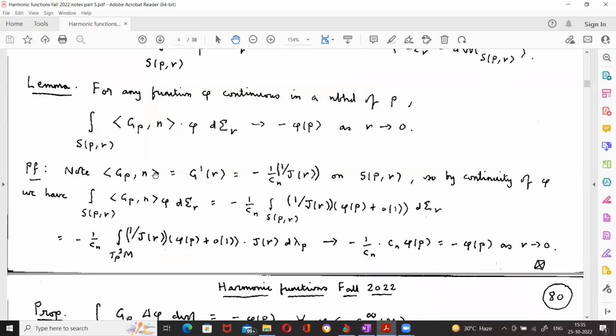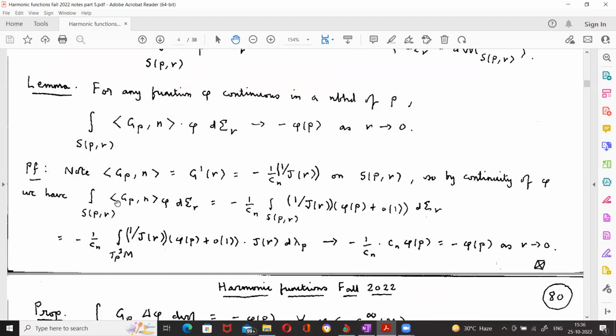So here's the computation. The inner product of grad g with n, since g is a radial function, is going to be g'(r), which is by definition minus 1 over C_n times 1 over J(r).